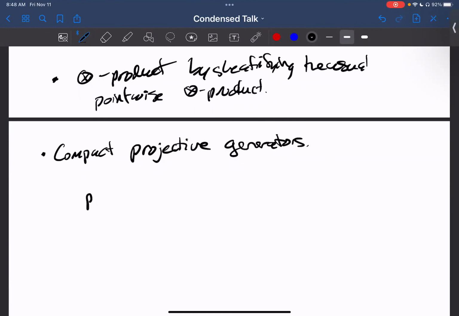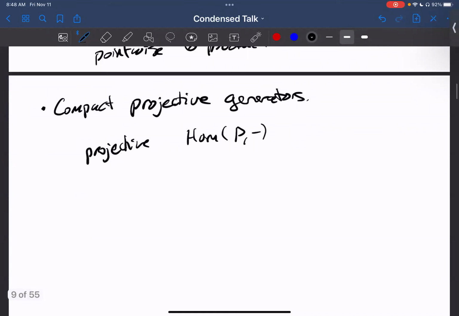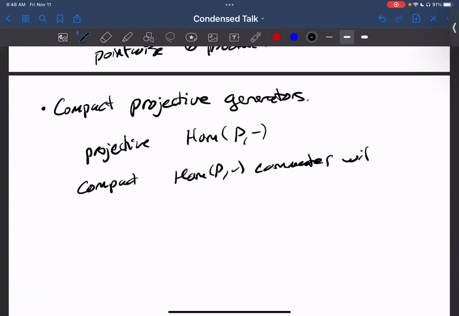So projective says that Hom(P, -) commutes with taking cokernels. So this is going to behave nicely with respect to quotients. Equivalently, any surjection to it splits. And compact says Hom(P, -) commutes with colimits.